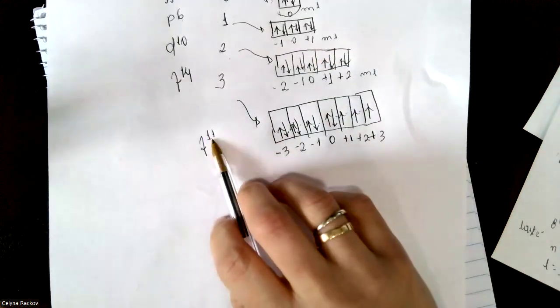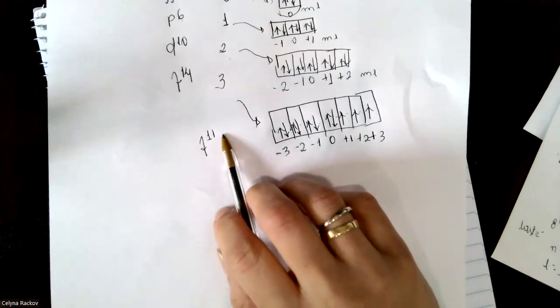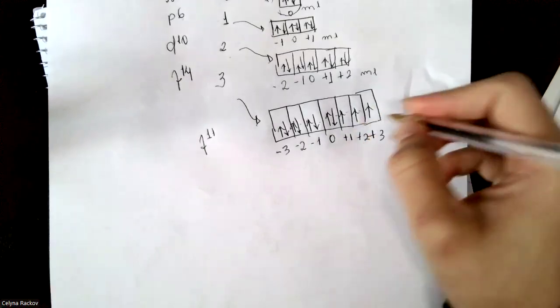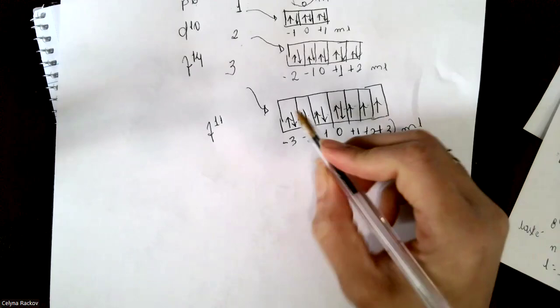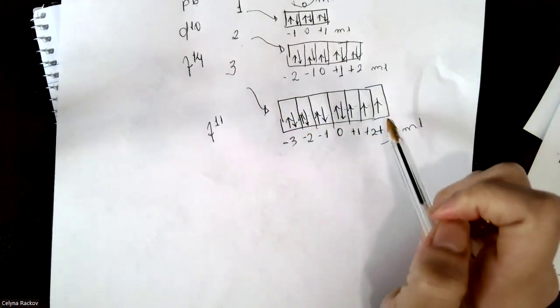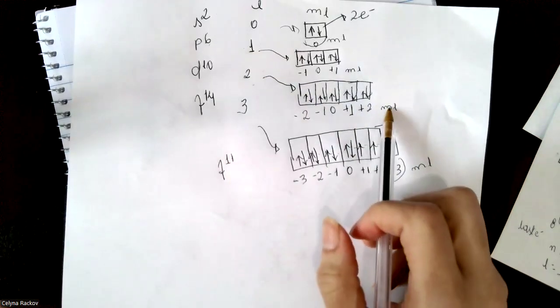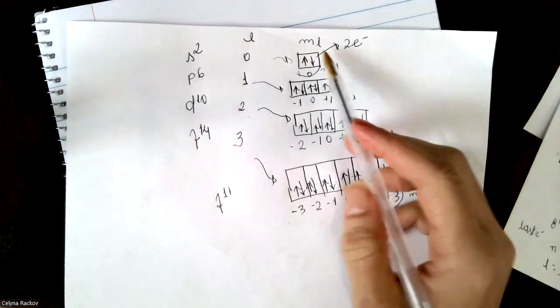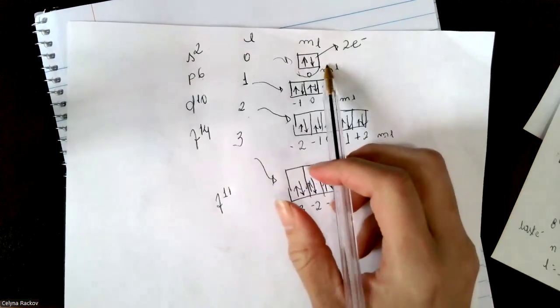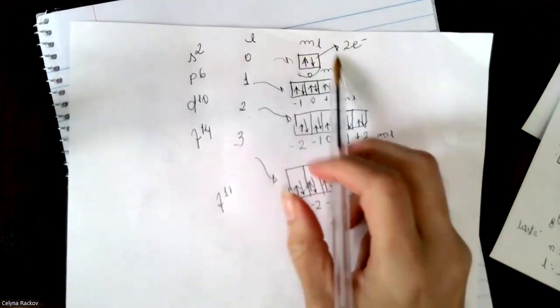So if you want to find the location of the 11th electron, it will be in the MEL 0. So MEL for F can be from -3 to +3. MEL for D can be from -2 to +2. For P, from -1 to +1, and MEL for S will always be 0 because S has only one orbital.